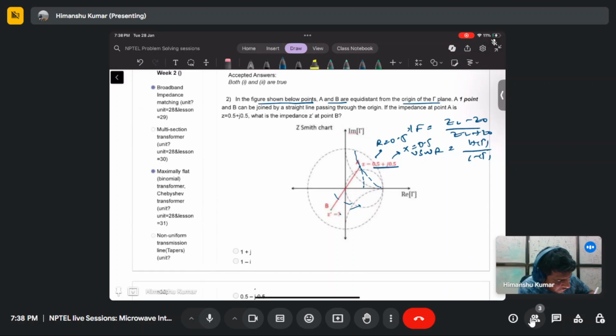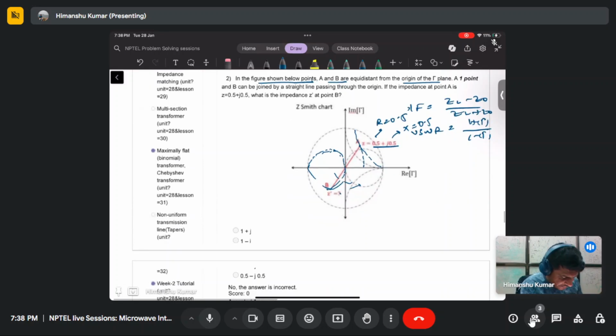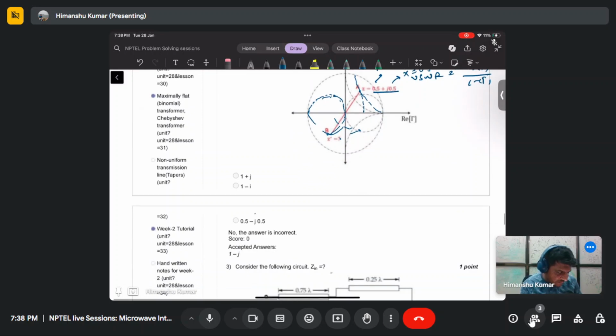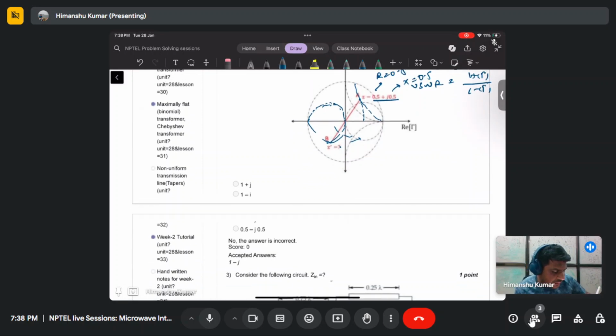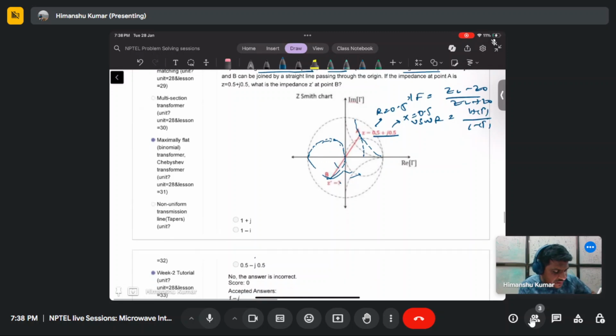The mirror image point is the same point on the Y chart. So if we draw the Y chart, this point will intersect the Y point, and we can take the inverse of that point. If you transform that point, you will find that on the resistance circle it hits 1 minus j times 0.5, because if this side is plus j 0.5, then the other side will be minus.